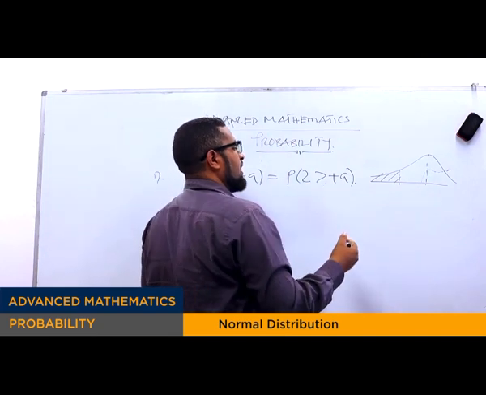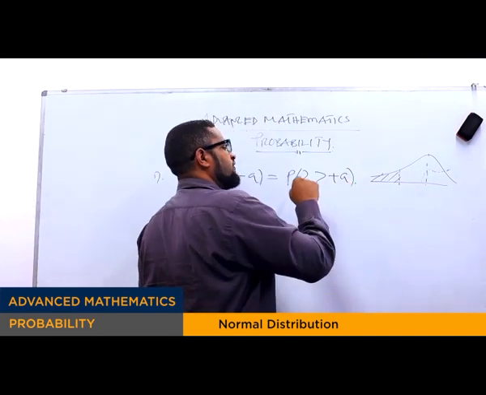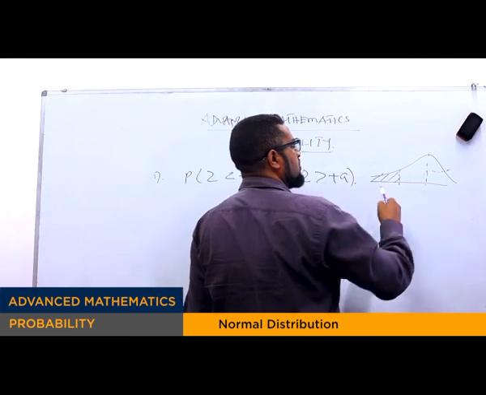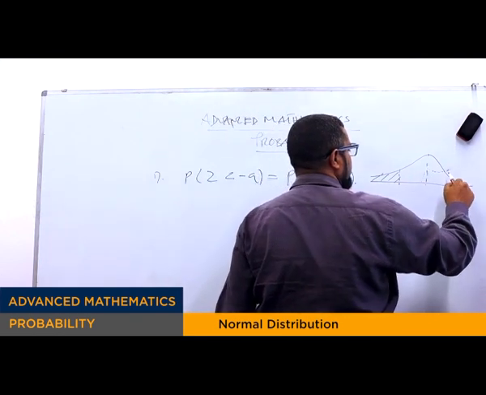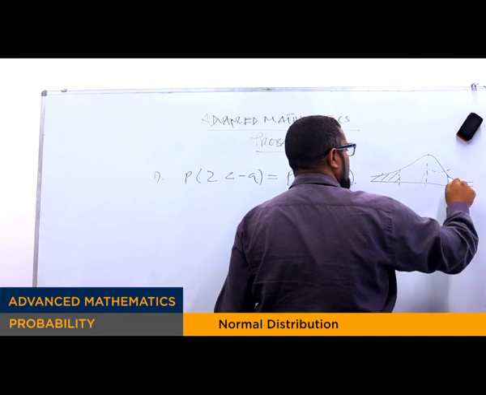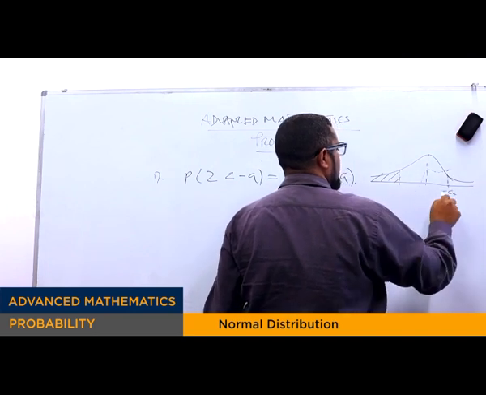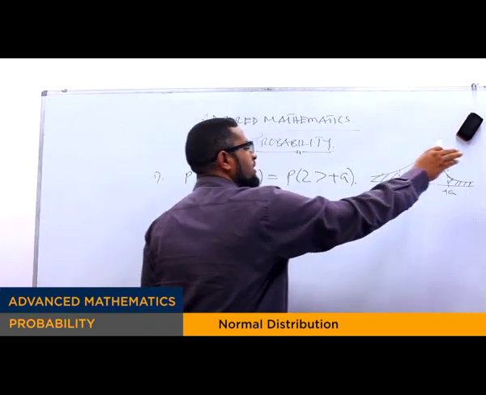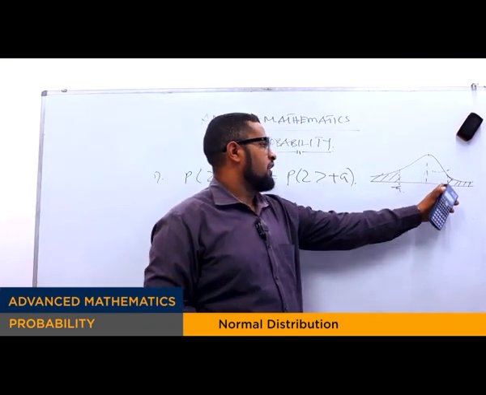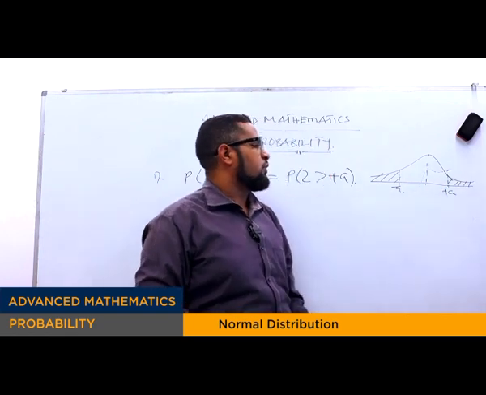So it is the same as finding the probability of Z greater than positive A. Positive A means that part, and negative A. So it is the same as finding the probability from that toward that area.